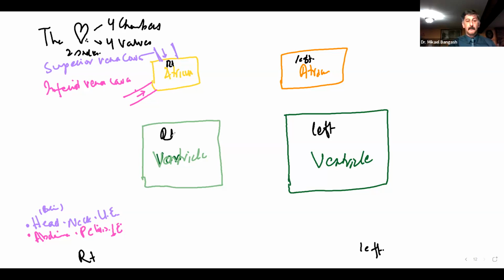That means we have a door or a gateway between the right atrium and the next room on the right side, which will be the right ventricle. Is that clear?